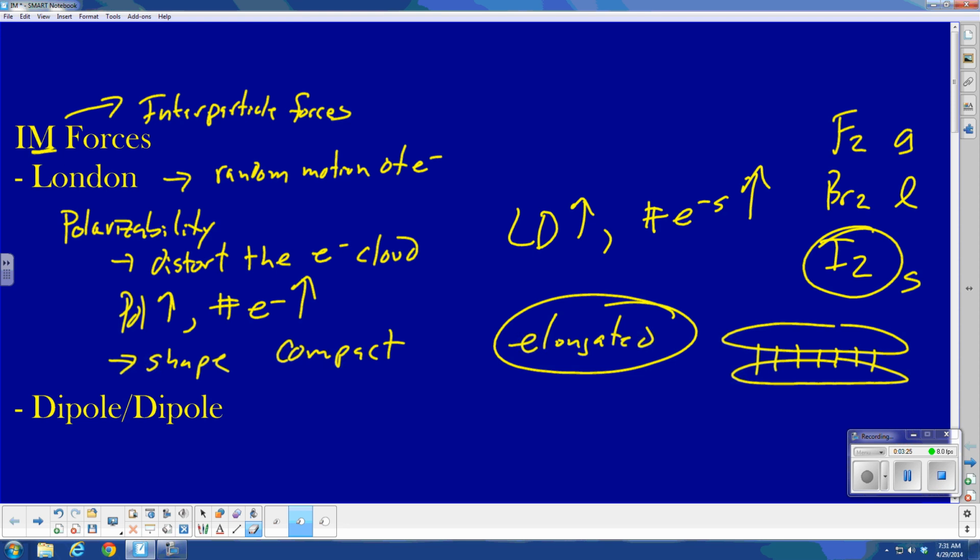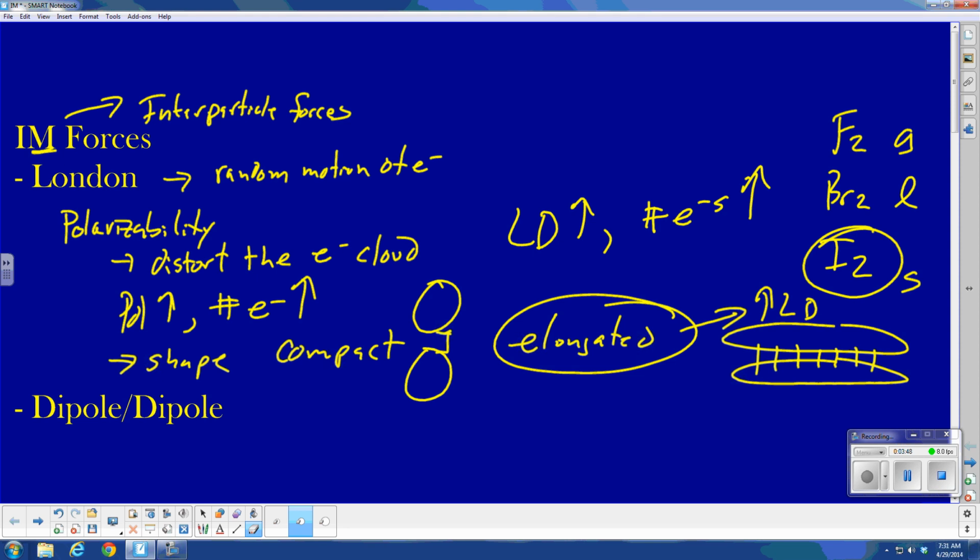So there are more points of contact, as opposed to compact molecules where you only have a few points of contact at which the London forces could occur. So elongated or flat molecules have higher London forces than compact molecules.